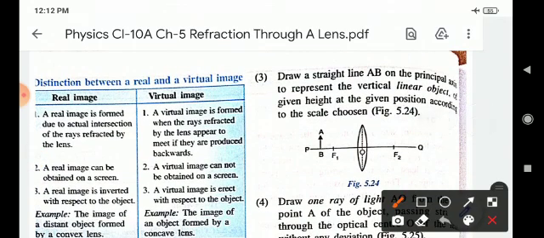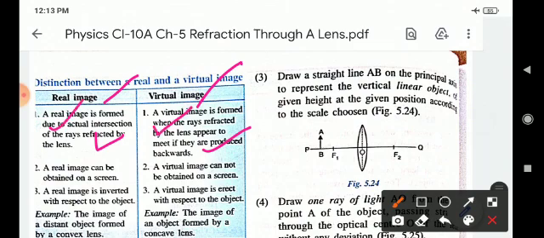Distinguish between a real image and a virtual image. A real image is formed due to actual intersection of the rays refracted by the lens. A virtual image is formed when the rays refracted by the lens appear to meet if they are produced backwards. A real image is obtained by the convex lens.